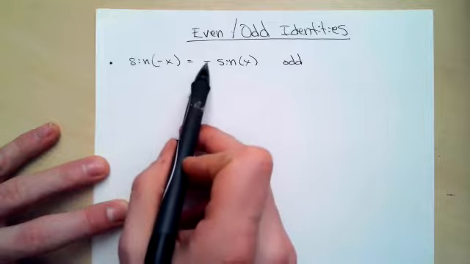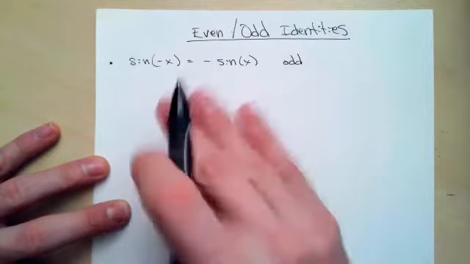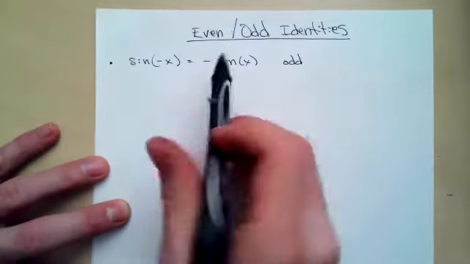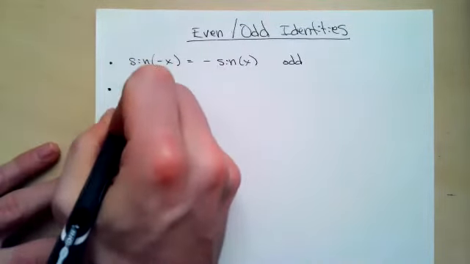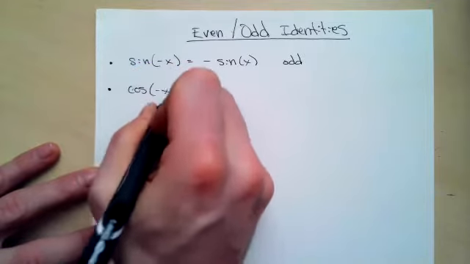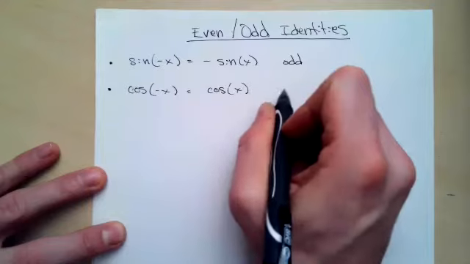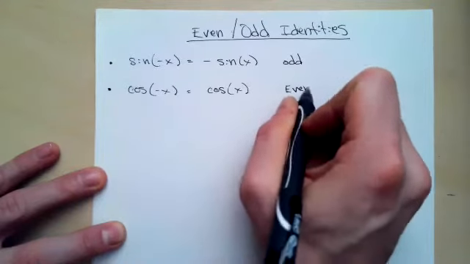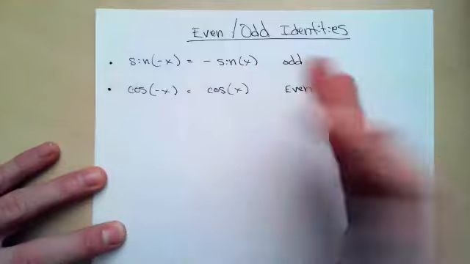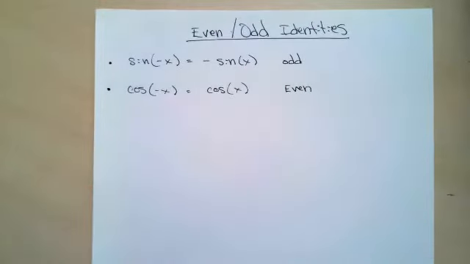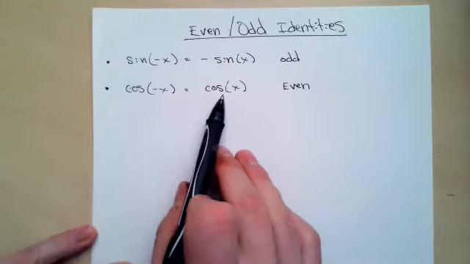Or another way you can phrase that, if we multiply that minus sign over, if I take a sine and then flip it horizontally and then flip it vertically, we'll get back the original function. Cosine is an even function. Meaning it's symmetric horizontally across the y-axis. If I flip it horizontally, we get back the same function.